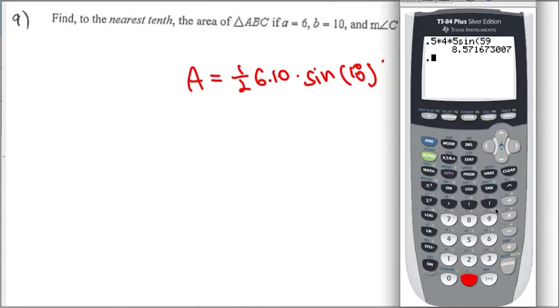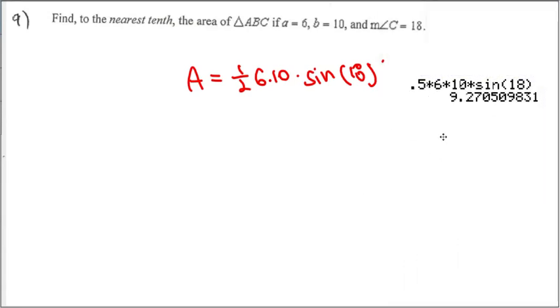Once again, 0.5 times 6 times 10 times sine of 18. So to the nearest tenth, it looks like about 9.3.